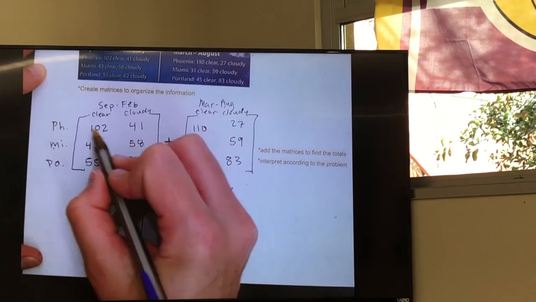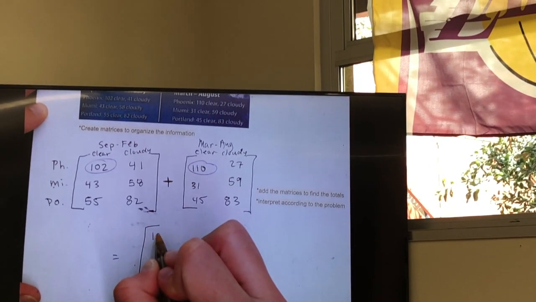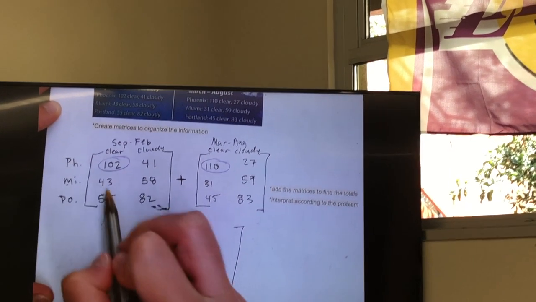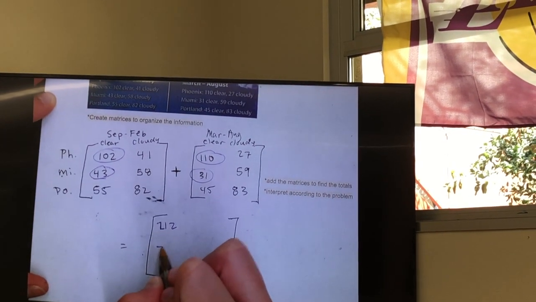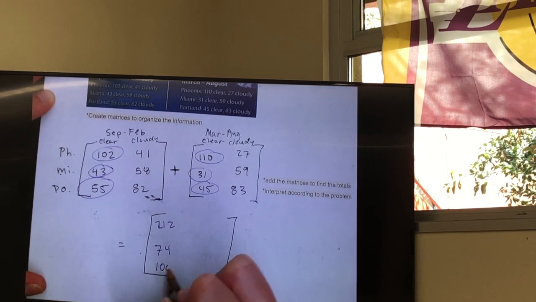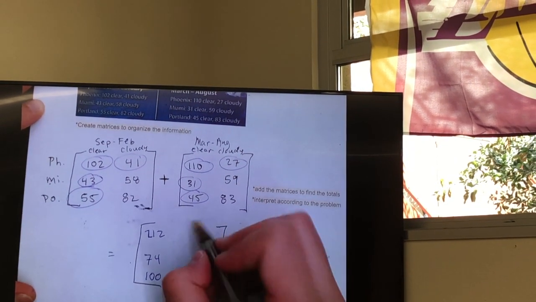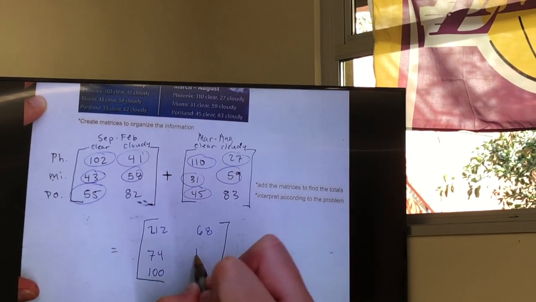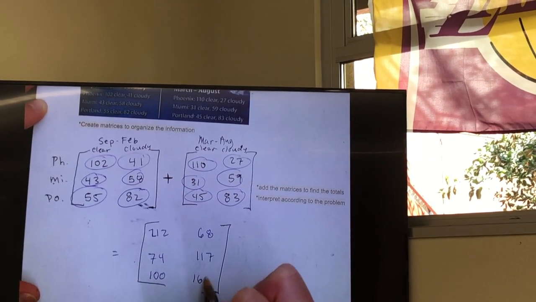Here I have 102 plus 110, which is 212. 43 plus 31, I get 74. 55 plus 45, I get 100. 41 plus 27, I get 68. 58 plus 59, I get 117. And 82 plus 83, I get 165.